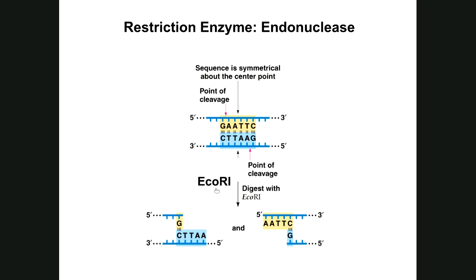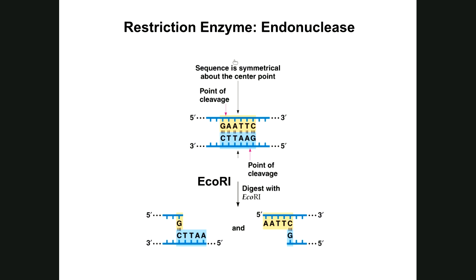What they found for EcoR1 is that it's expressed by E. coli to protect it from viral infections. When this enzyme scans viral DNA and comes across this combination of bases, G-A-A-T-T-C, along the forward strand, the enzyme will grab on to both strands and cut the DNA, except this enzyme makes what I call a serrated cut.